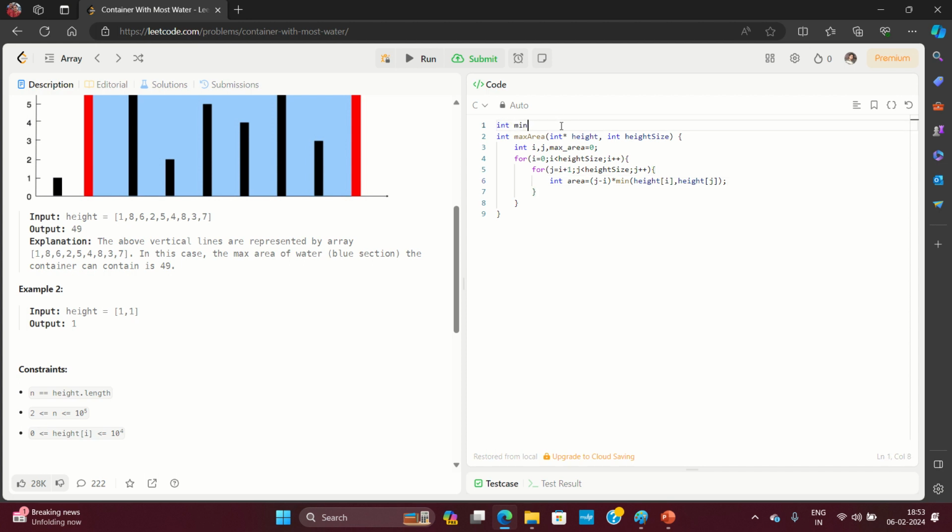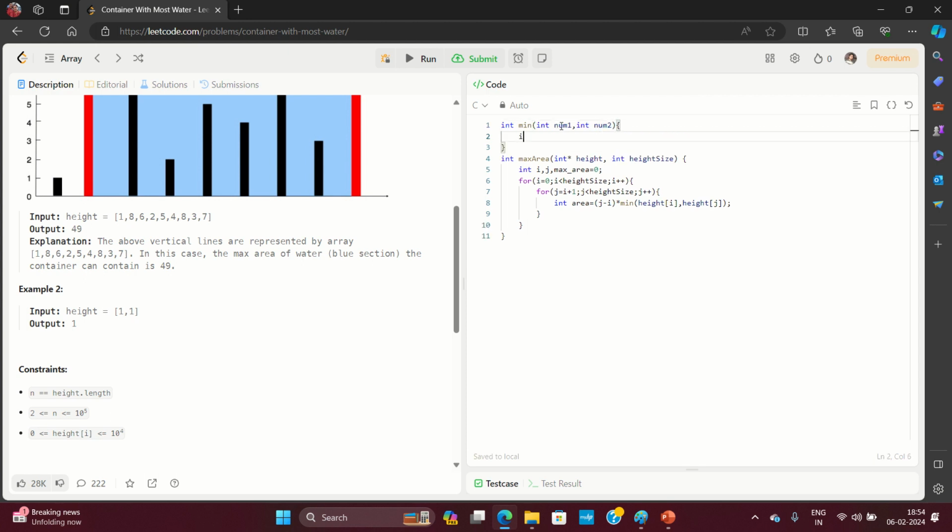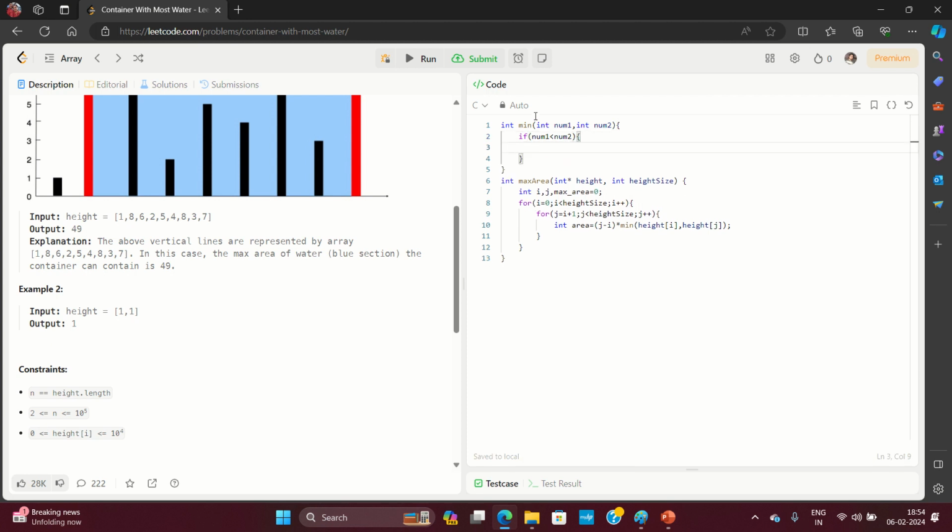This min function has two parameters, num1 and num2, and it will be calculating the minimum. So basically, if num1 is less than num2, in such a case it will return num1, because it is the minimum among the two.